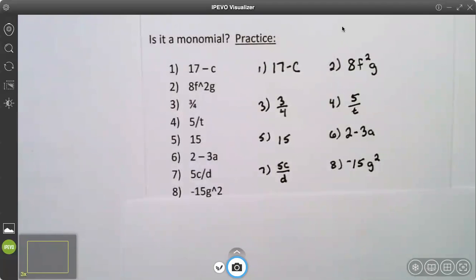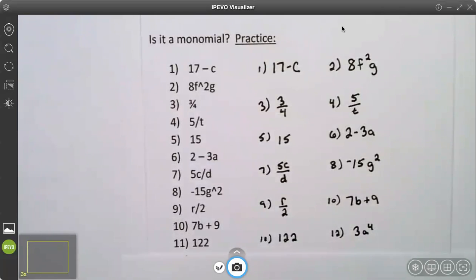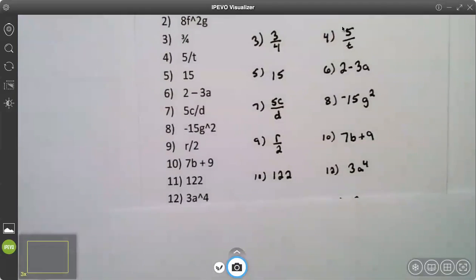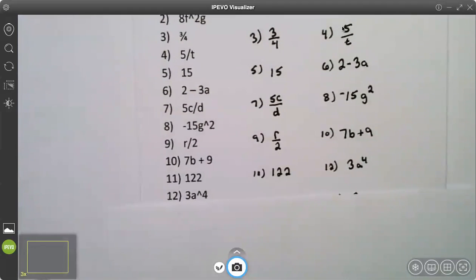Number 8? Yes, that is 1 term. Number 9? Yes. Number 10? No, 2 terms. Number 11? Yes. Number 12?